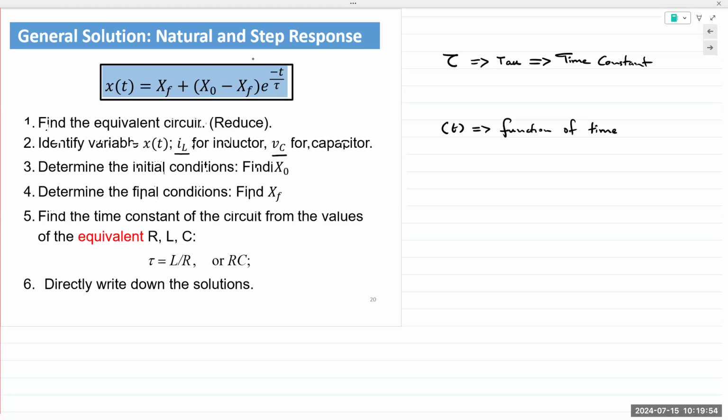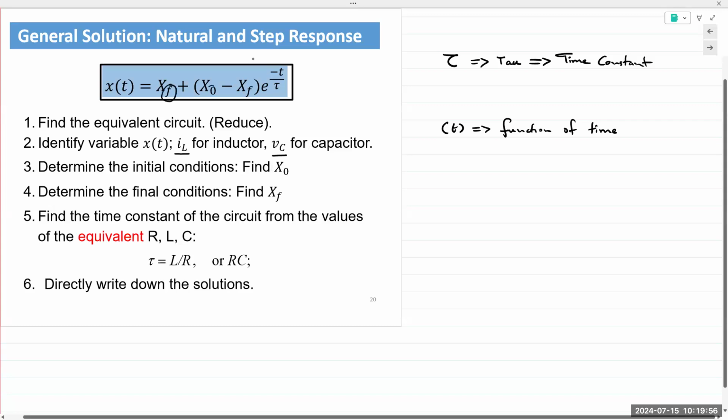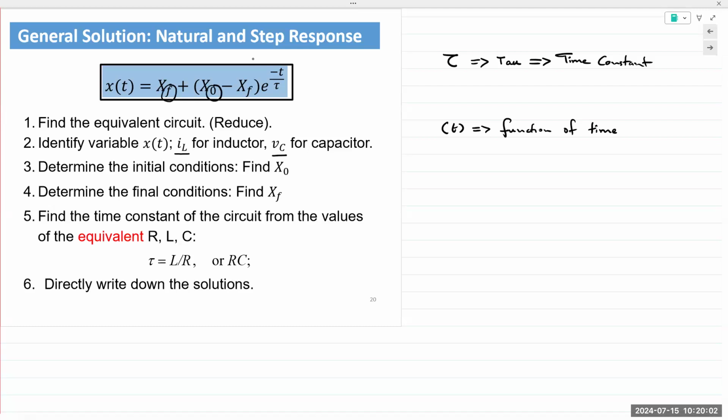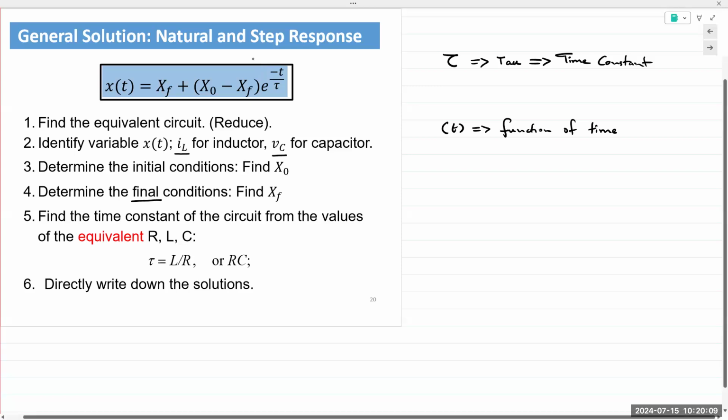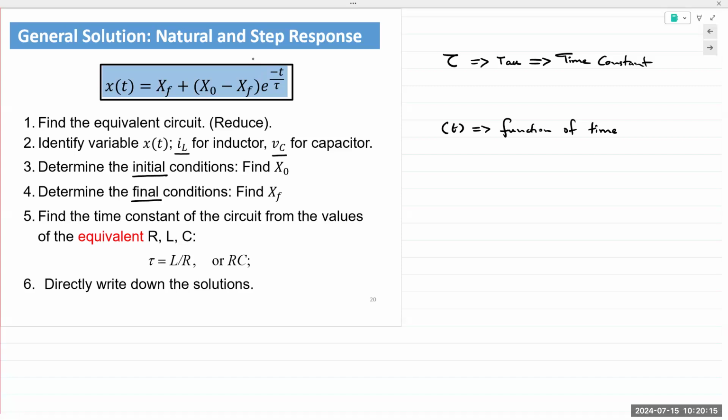Then if you look at this equation, you have the subscripts f and 0. f simply indicates final conditions. 0 is the point in time where we begin our analysis, so it's describing the initial conditions.